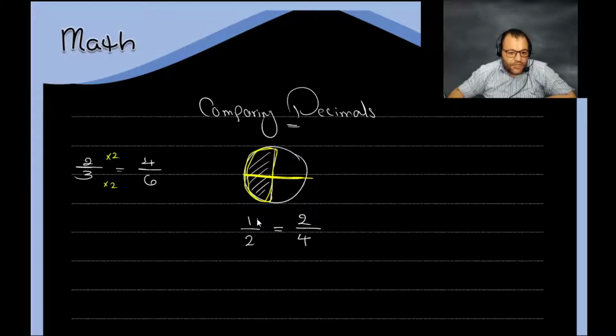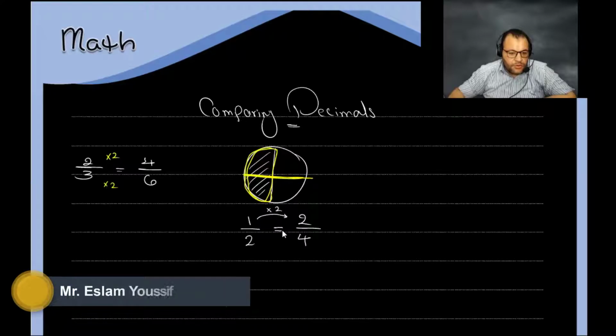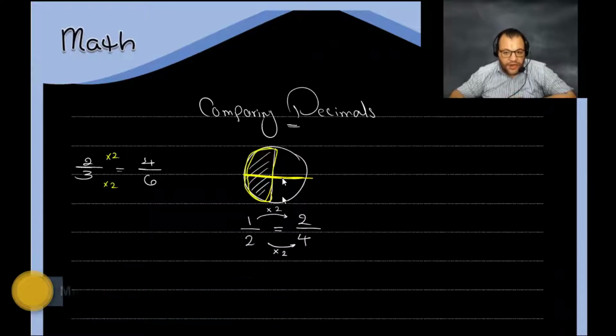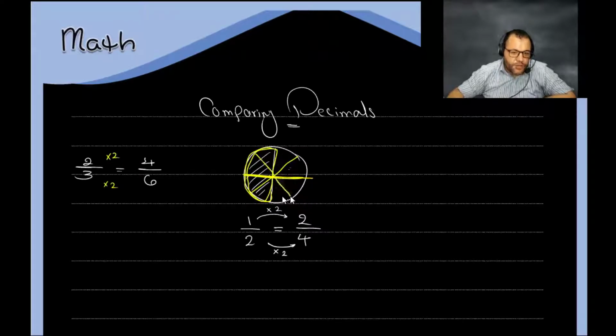If you look at the fraction, we multiply 1 times 2 and 2 times 2. It means if you multiply the numerator and denominator by the same number, you will find the same value of the fraction. Suppose that we divide the pizza into more parts. At the beginning, it was 1 part out of 2. Now, how many shaded parts? It's 4 parts out of 8. Is it right?